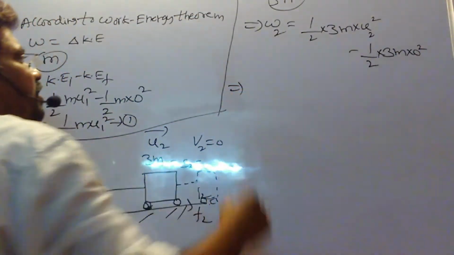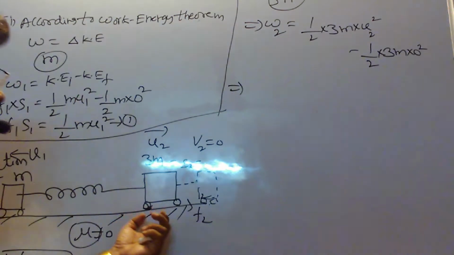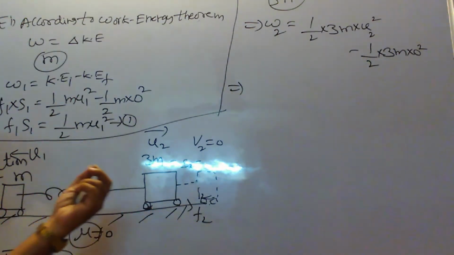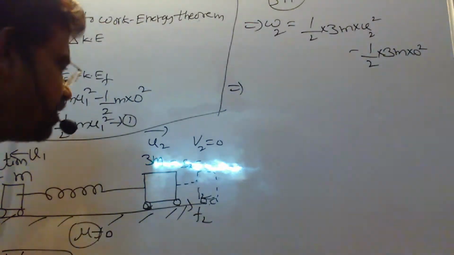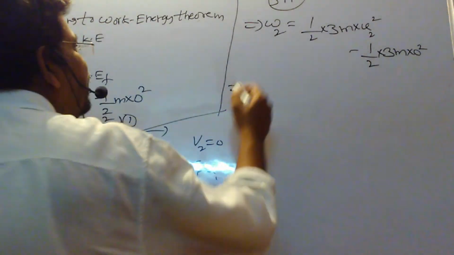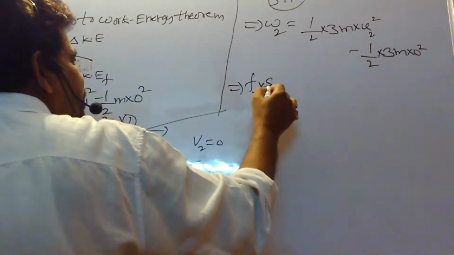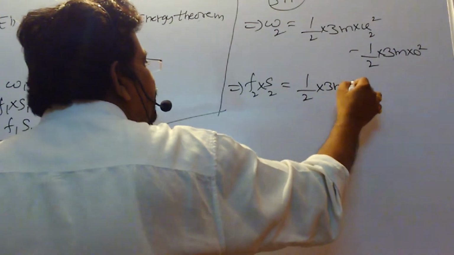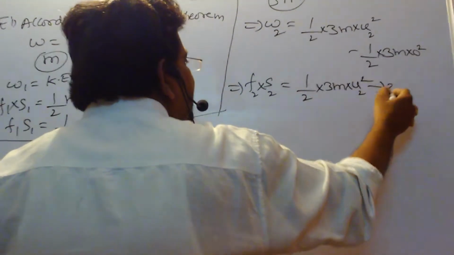The formula for work is force into displacement. The force is the frictional force, which is slightly less than the applied force that makes it slide. So F2 into the travelled displacement S2 equals half into 3m into u2 square. This is my second equation.